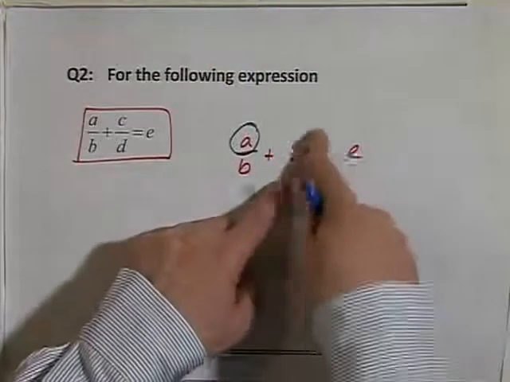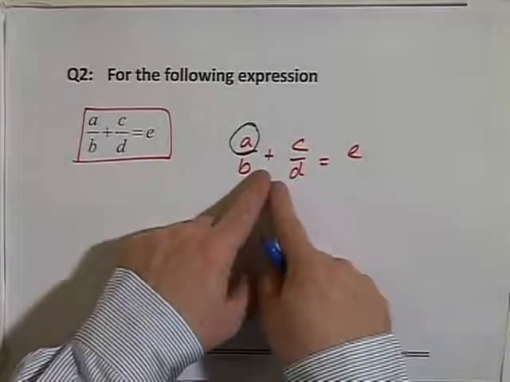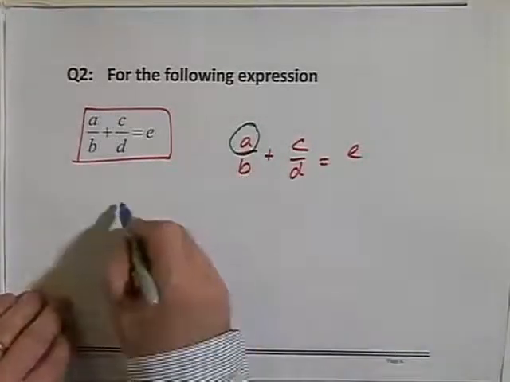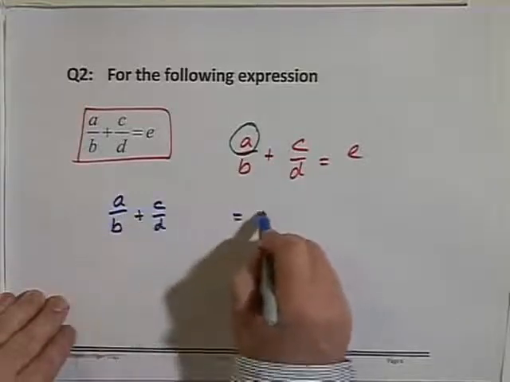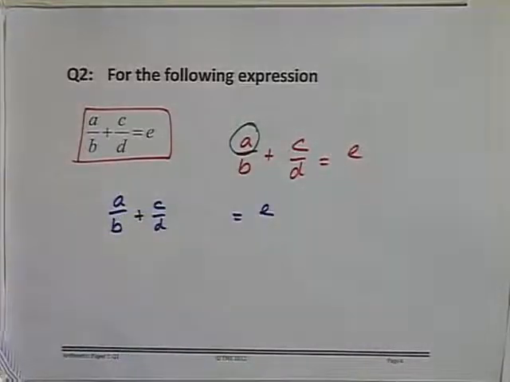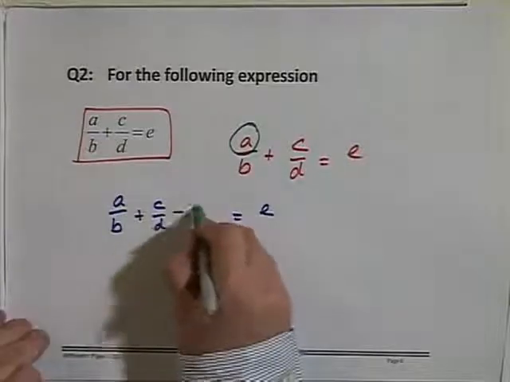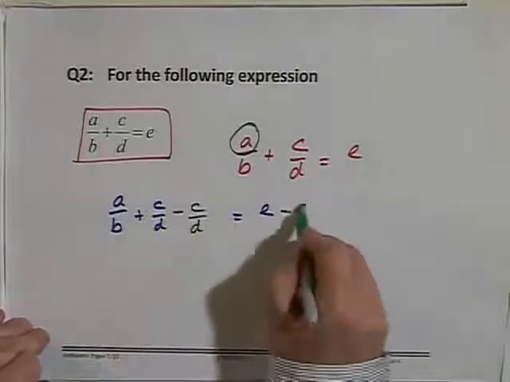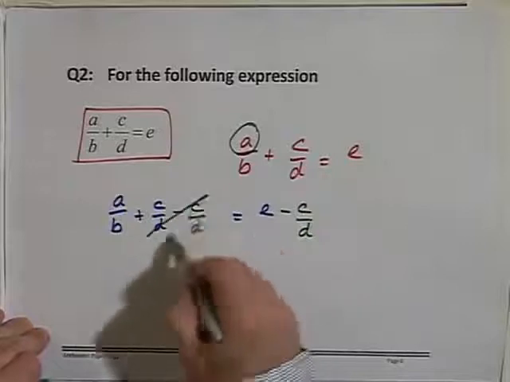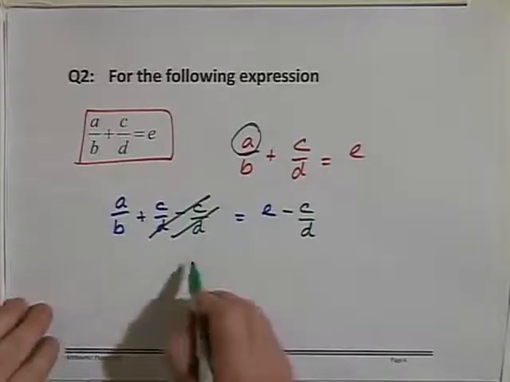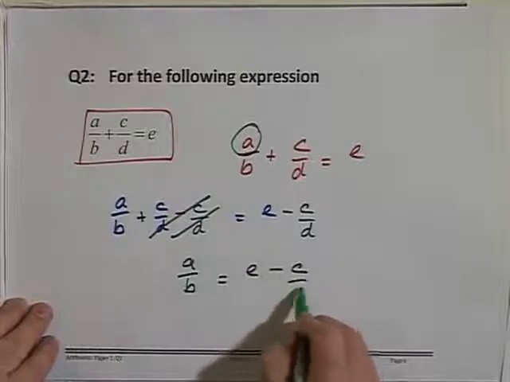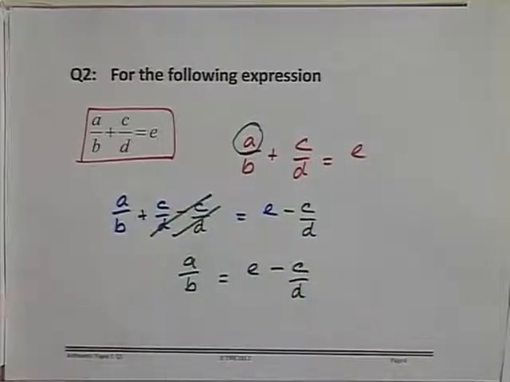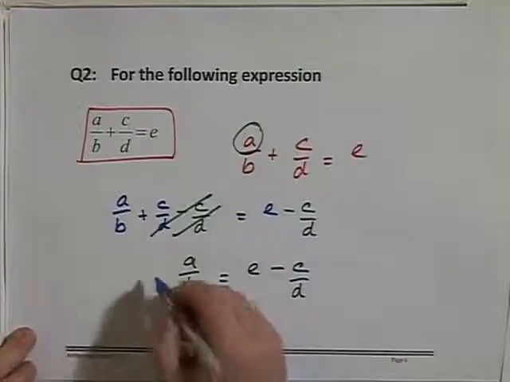I'm not gone on this plus C over D stuff. It's a plus. But I know that if I were to say minus C over D on both sides, that would get rid of that stuff. And I'd be left with A over B is E minus C over D. Now, I just have to get rid of the B, and I could do that this way.